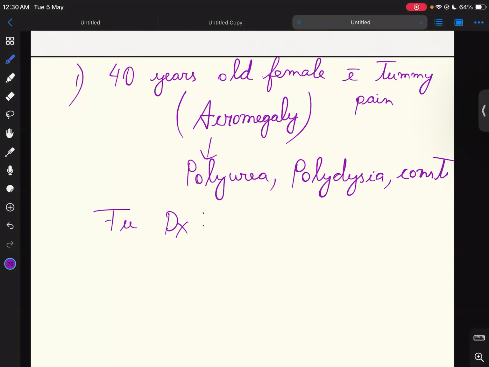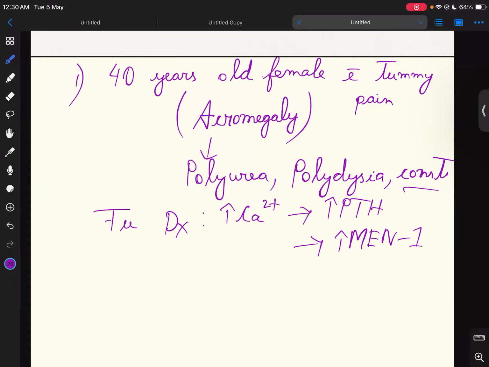Hypercalcemia. Yes. What is the cause of hypercalcemia here? MEN1, hyperparathyroidism is the main one. Also Zollinger-Ellison syndrome. Yes, but in Zollinger-Ellison syndrome it will be loose motion, while here it is constipation. So this is a type of genetic disease.